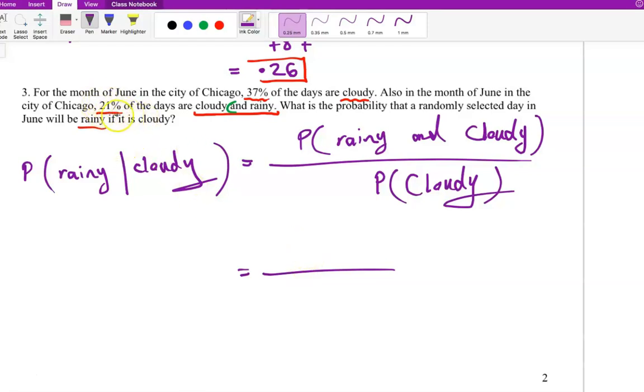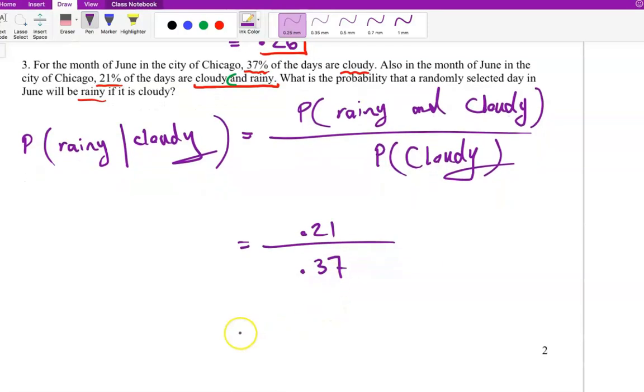For this part, we have 21% of the days are cloudy and rainy, so this is 21%. And in the denominator we have the probability of cloudy, which is 37%. But this was easy to find. And the answer is 0.568.